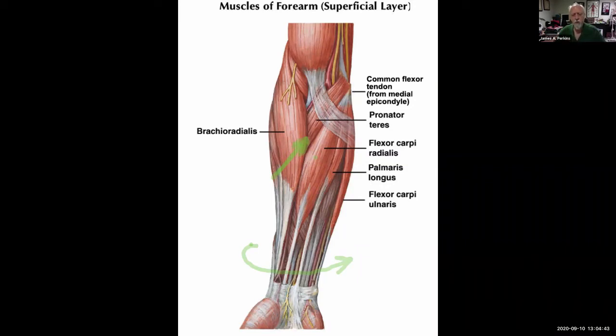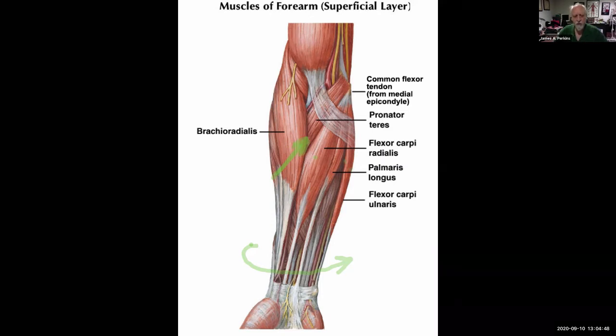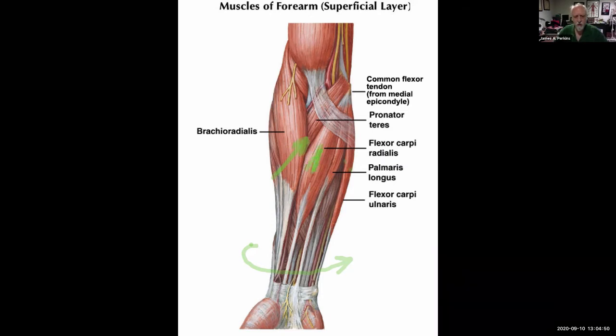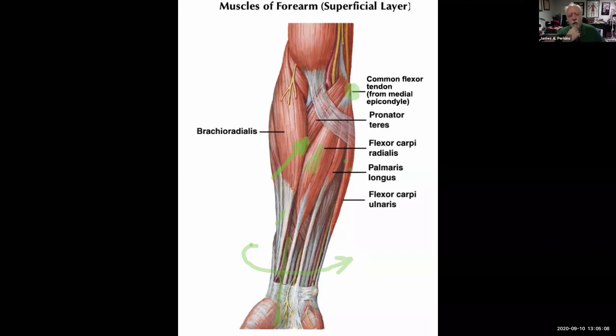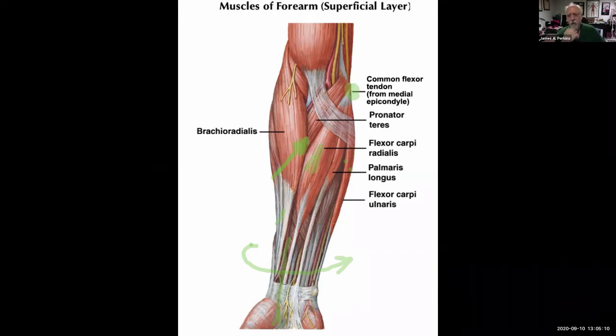Then continuing to work our way from lateral to medial across the forearm, the next muscle we come to right here is flexor carpi radialis. That's another one that has its origin on that common flexor tendon. If you follow its tendon down into the hand, it actually crosses the wrist and eventually has its insertion on the second and third metacarpals in the hand.